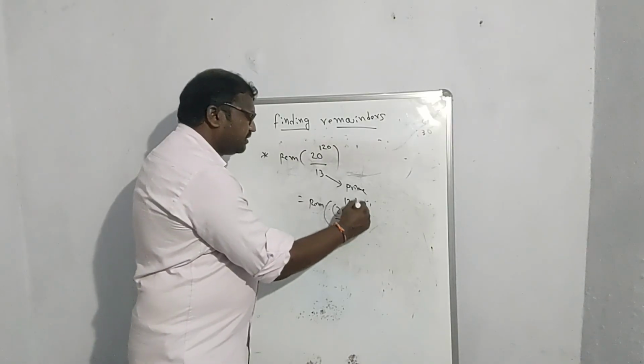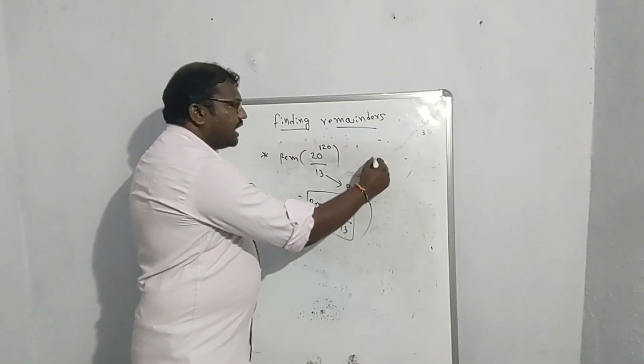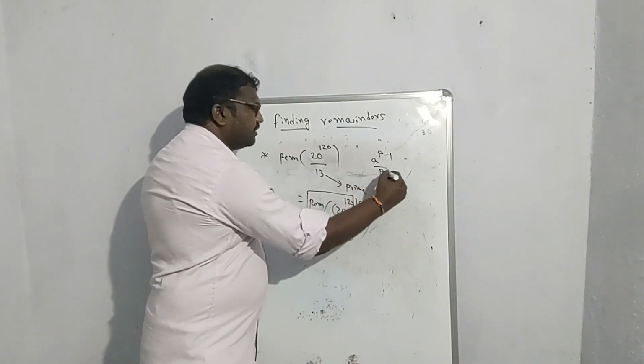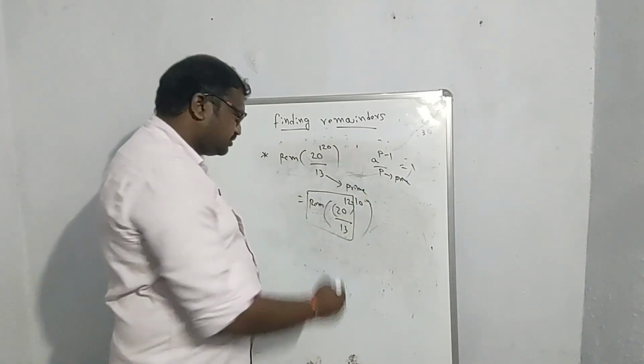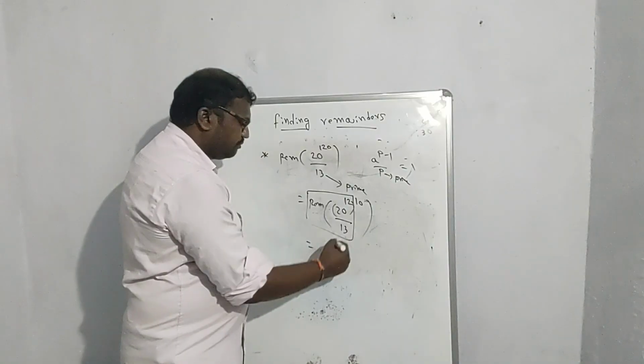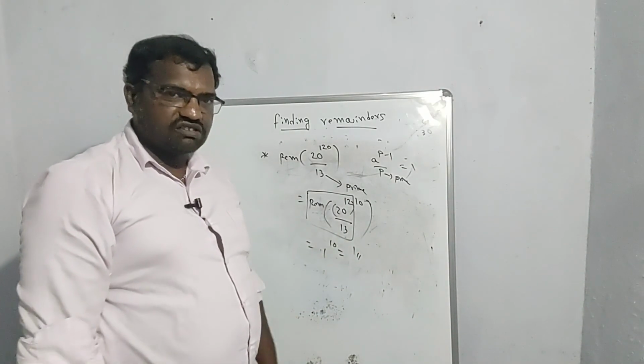I have to split the power 12 into 10. The value for Fermat's theorem, a power p minus 1 by p, where p is prime, is 1. So 1 power 10 is 1. Your remainder is 1.